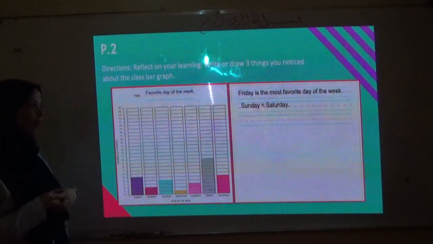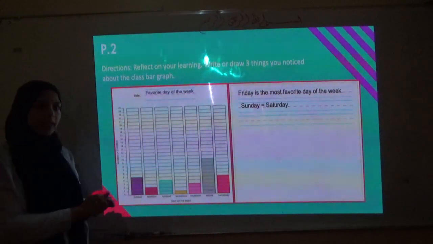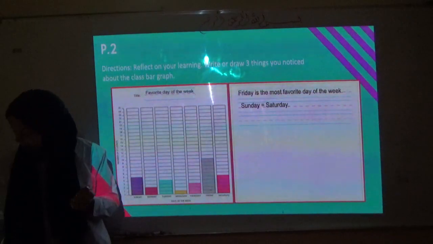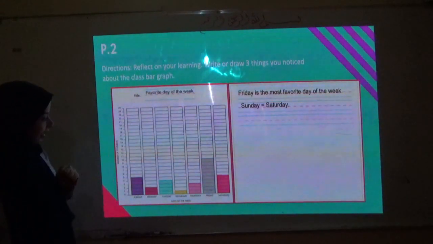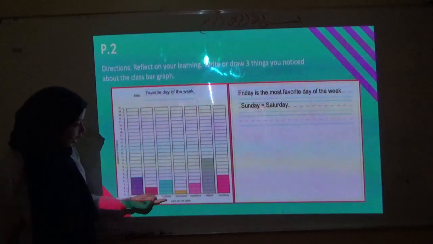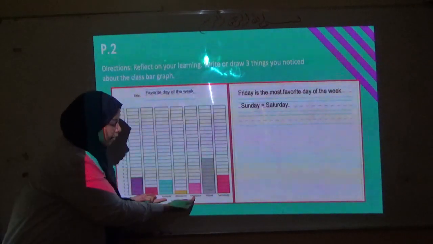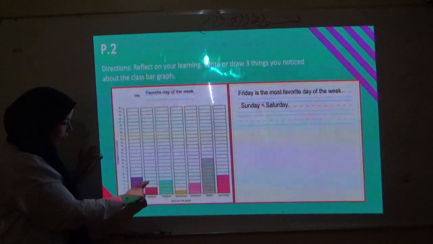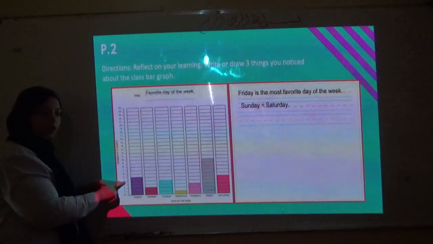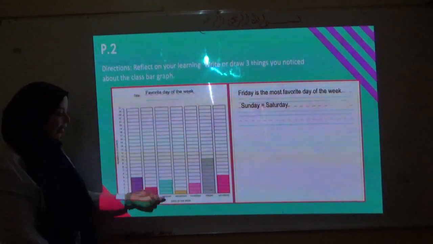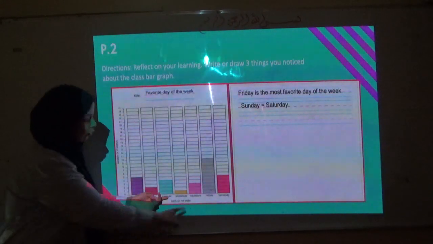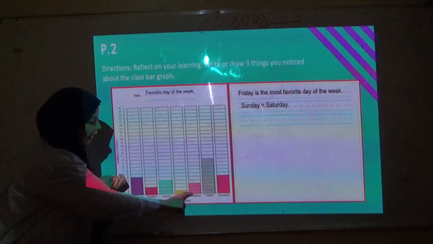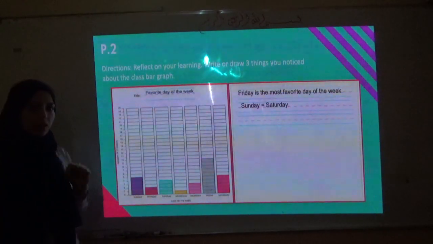Okay, again, I have a lot of information I can get from that graph. Like, as you can see, I have Tuesday and Thursday. Tuesday is equal to 4, so I have 4 students who like Tuesday. And for the pink bar that represents Thursday, I have only 3 students.